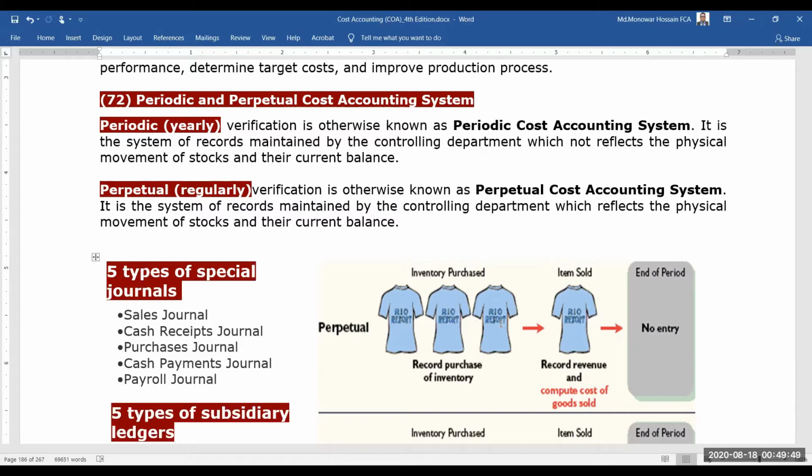Perpetual verification is otherwise known as the perpetual cost accounting system. It is a system of records maintained by the controlling department which reflects the physical movement of stock and its current balance. The perpetual system is better than the periodic.